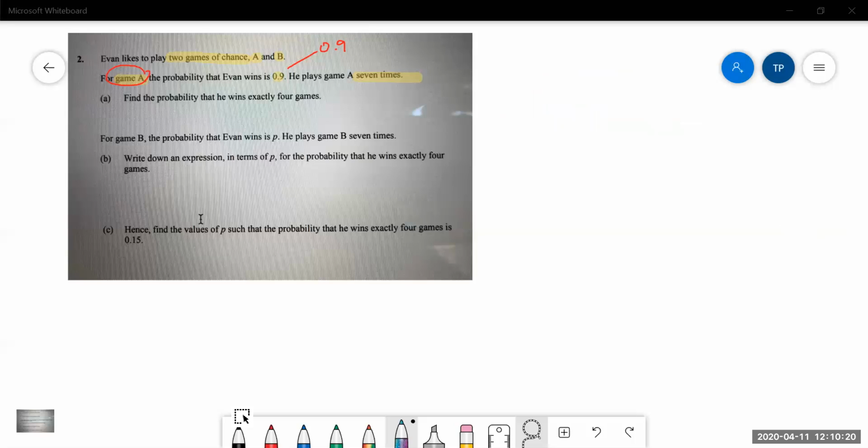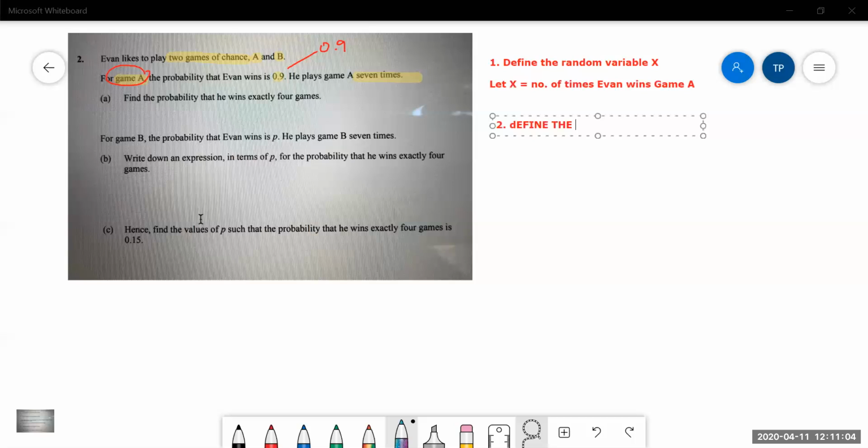Step number 1: define the random variable X. In this case, let X be equal to the number of times Evan wins game A. Step 2: define the distribution.